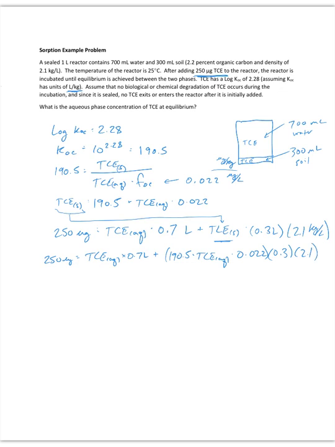If I reduce all of this down, I get one term with TCE aqueous here, one term with TCE aqueous here. I end up with 250 micrograms equals 3.34 TCE aqueous, and therefore TCE aqueous equals 74.8 micrograms per liter.